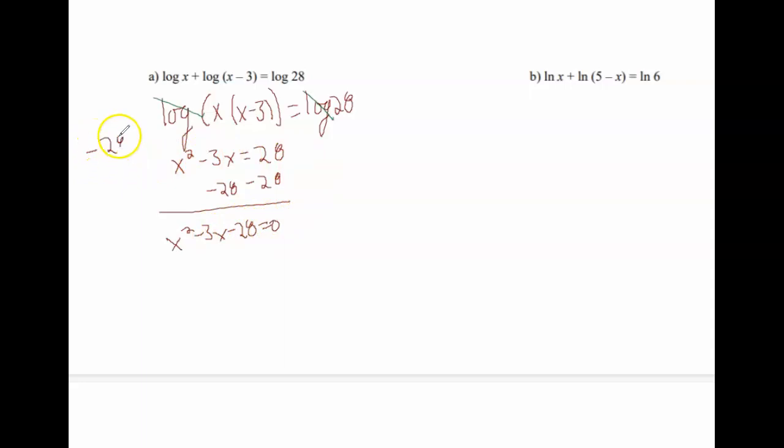What multiplies to -28 but adds to my -3 would be -7 and 4. So we still need to be really comfortable with factoring.